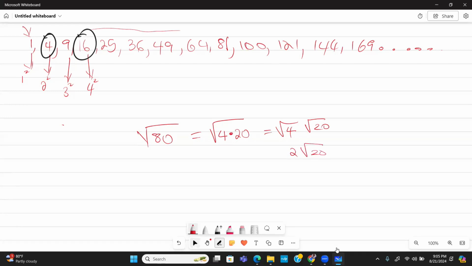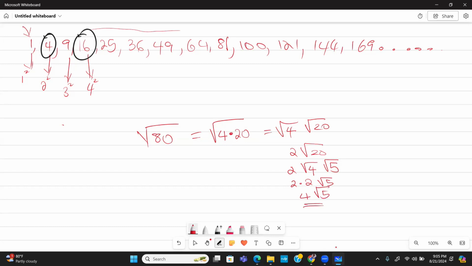But we do realize that the root of 20 can actually be broken down more. So let's take a look. We have that 2 there, but the root of 20 could be written as root 4 times root 5. Remember the square root of 4 is 2, so we'll have 2 times 2, then root 5. 2 times 2 gives us 4, and then root 5. As you can see, we would have gotten the same answer.